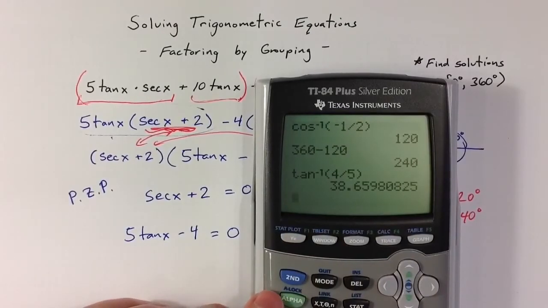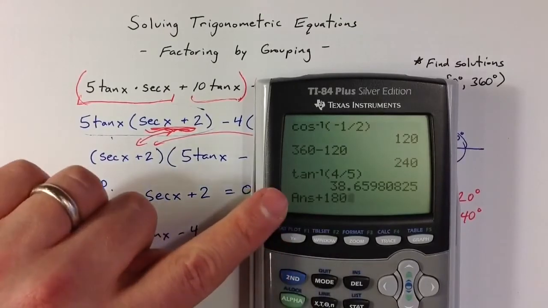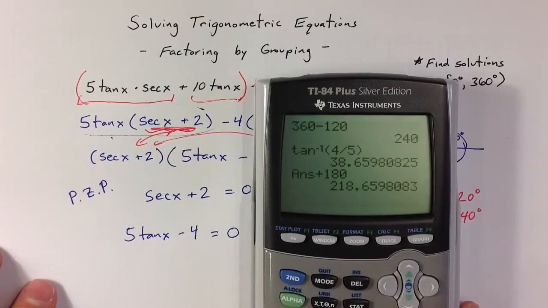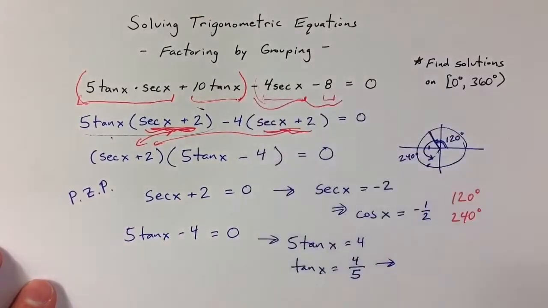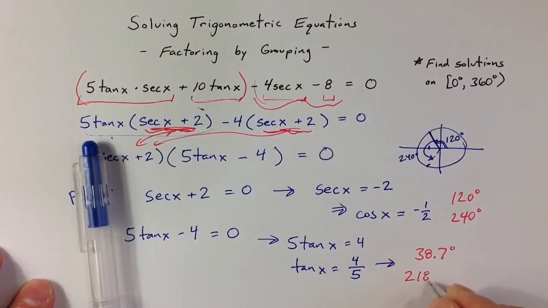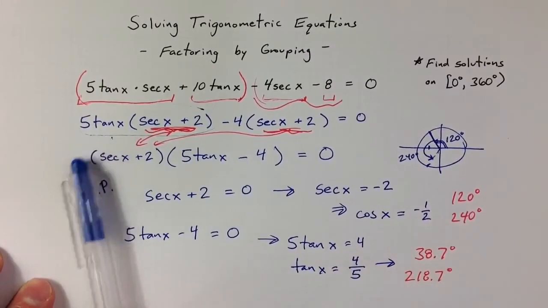And for tangent, the second solution occurs on the opposite side of the circle. So if I add 180 degrees, I get a second solution at 218.7. So our two solutions are 38.7 degrees and 218.7 degrees.